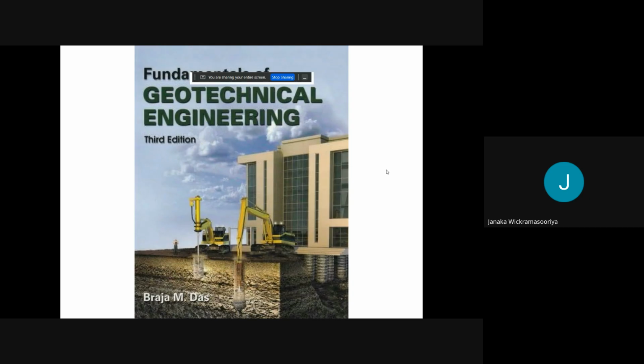This is the book that I refer to for this set of notes. I have extracted some theories and pages from this book, Fundamentals of Geotechnical Engineering, written by Braja M. Das.